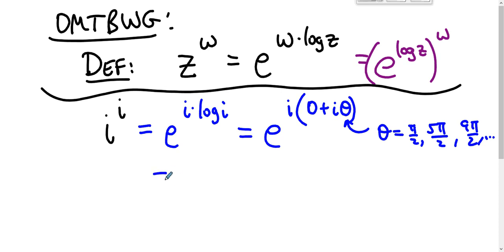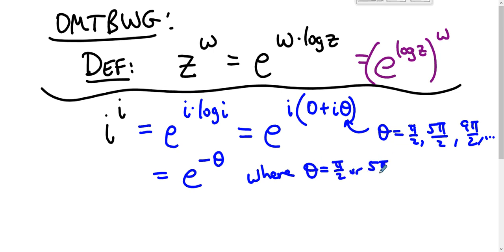But what's this? Well, i squared is -1. It's just e to the negative theta, where theta is pi over 2 or 5 pi over 2 and so on. So you can actually get values for i to the i in this way. Which one is it? We don't say that it is any particular one of them. It is all of them. I know, it's really weird.